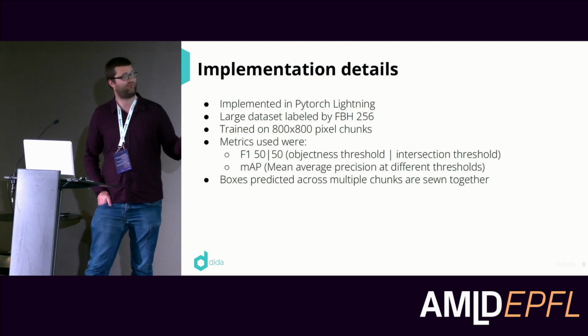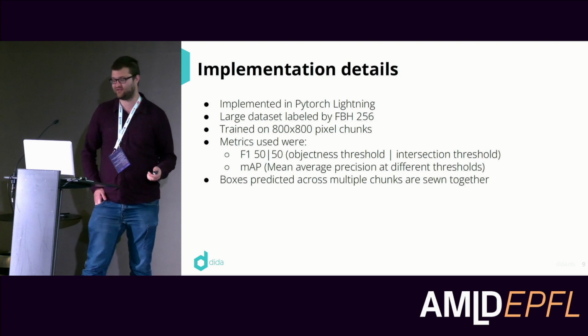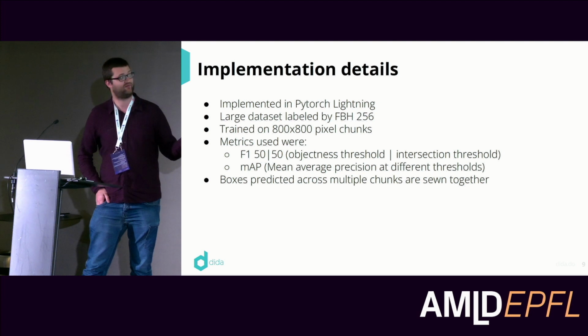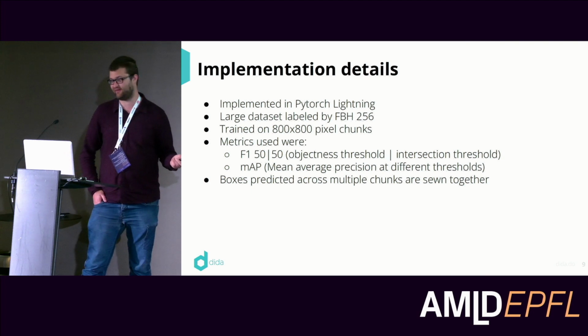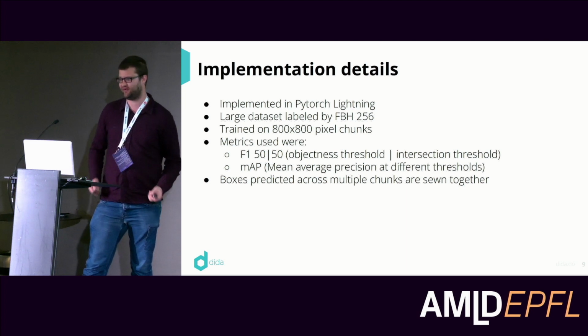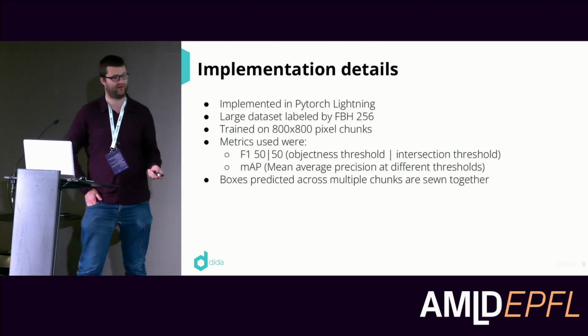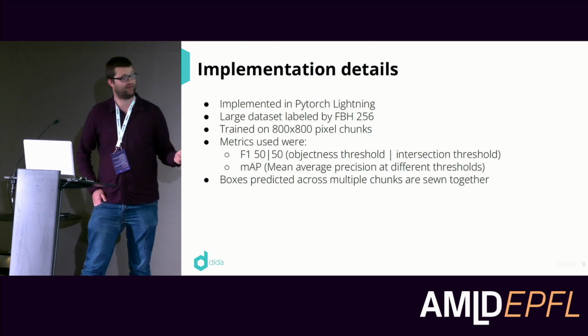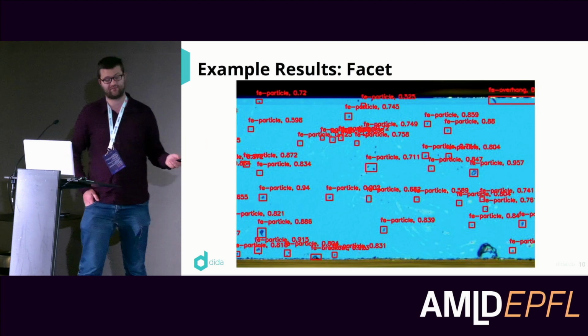So I think I prefer F1 50/50, where F1 is this combination of precision and recall that people are used to, and this is with a threshold of 0.5 for the objectness, which is the score of how sure it is that there's a box there, and also the intersection threshold. To define a true detection, you need some threshold on the overlap between the real box and the predicted box.